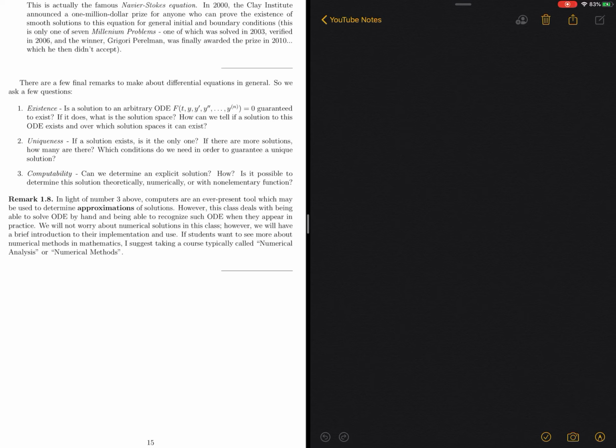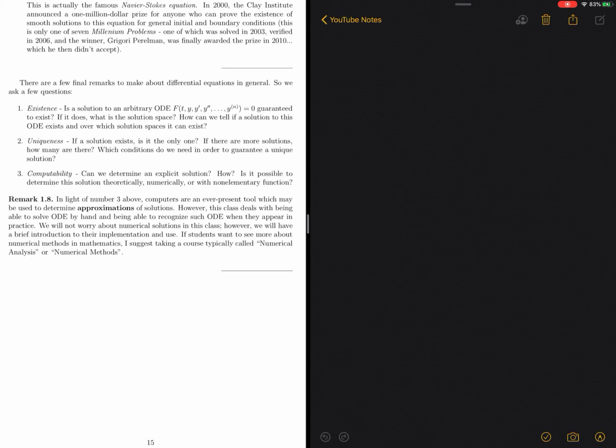And if we have a solution, we would like to know, is it the only solution to the differential equation? We saw in one of our previous videos that there can be a general solution, and there may be infinitely many solutions to a differential equation. But if we identify an initial condition, then we might be able to pin down exactly one solution.